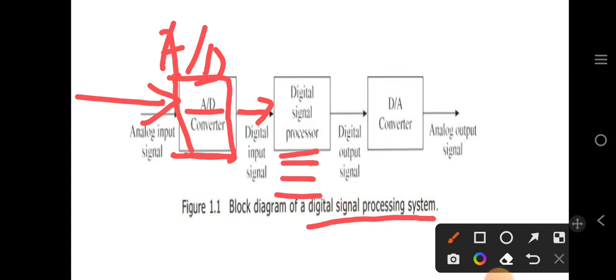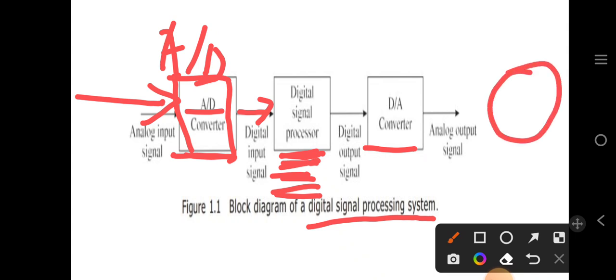Then the digital signal is given to the digital signal processor. Here the processing is done and the output of this is given again to the D to A converter. Why? Because if the required output is an analog signal, we need to convert this digital signal into analog again.